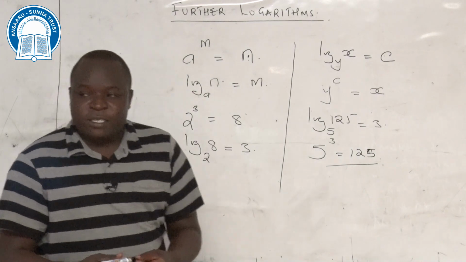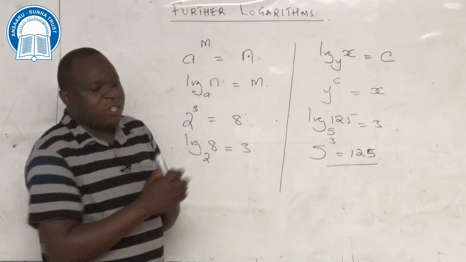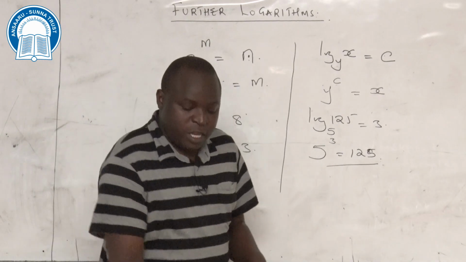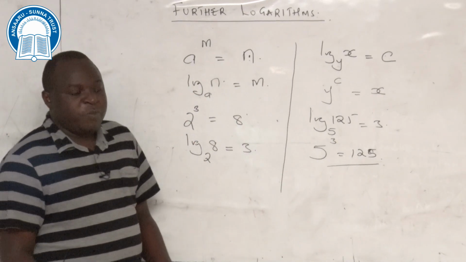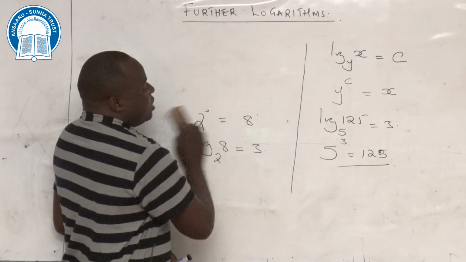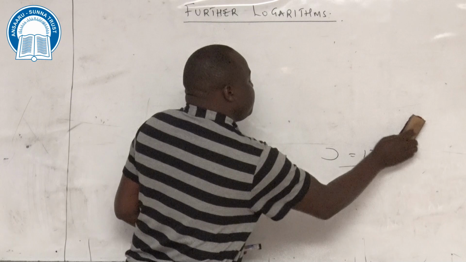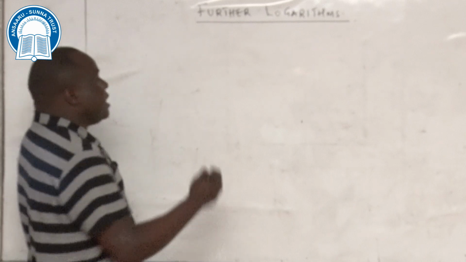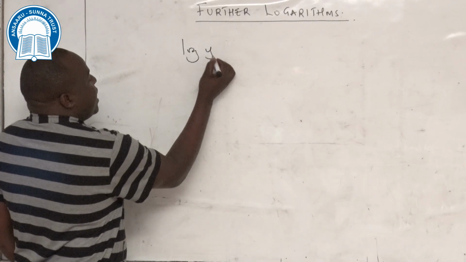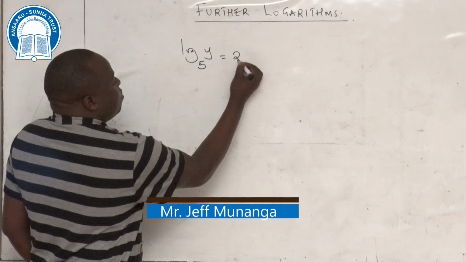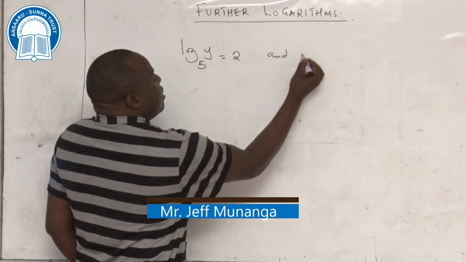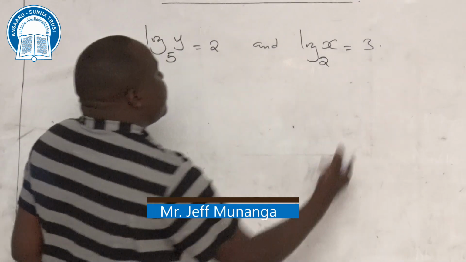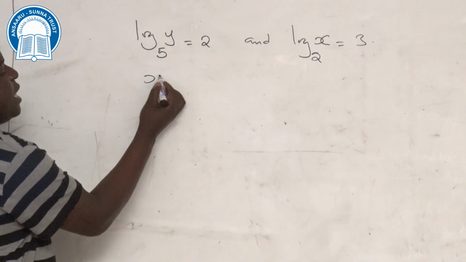At these early stages, the application may not be that much, but with this little explanation, you can actually get a question that needs this concept to solve. For example, there may be a question which says, given that log y base 5 equals 2 and log x base 2 equals 3, find the value of xy.